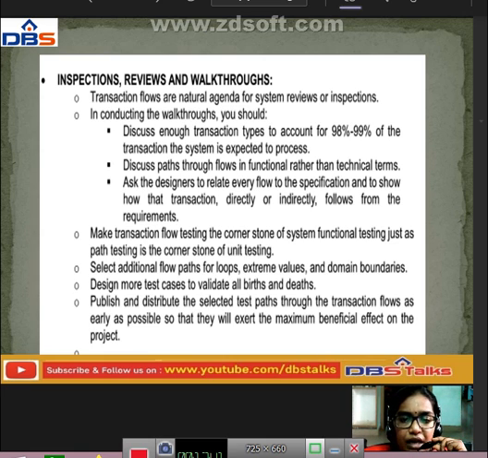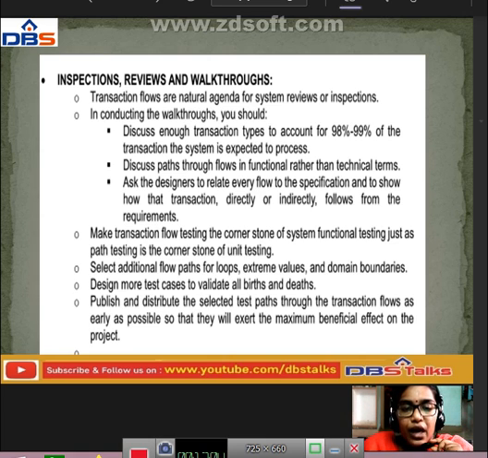And we can select additional flow paths for the loops, for the extreme values and for the domain boundaries. We have selected the additional flow paths, and you can design more test cases to validate all births and deaths.